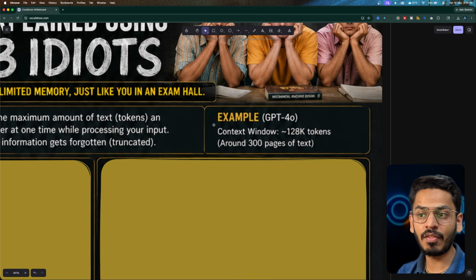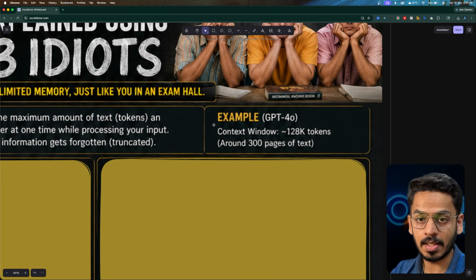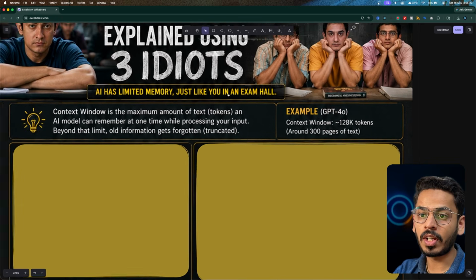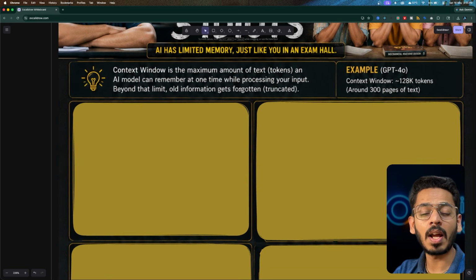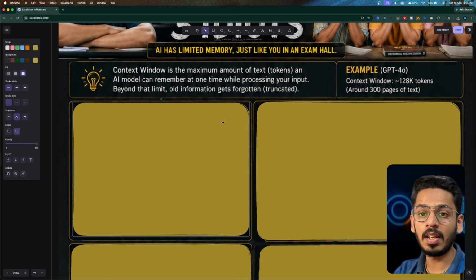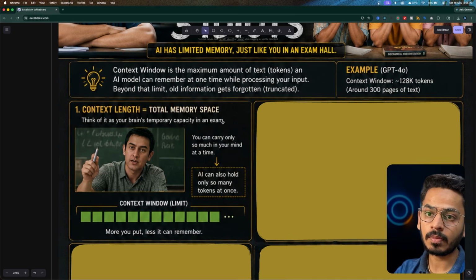So if you give an input which is more than this amount of tokens, it will not remember what the entire context is. So this is what the context window is, which is the maximum amount of tokens that an AI model can remember. Let us understand this with the help of an example.